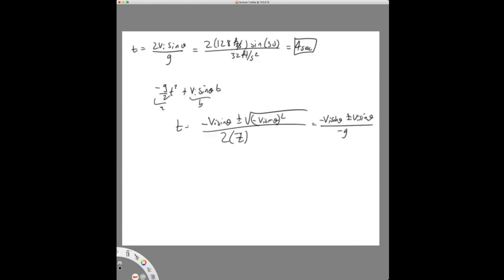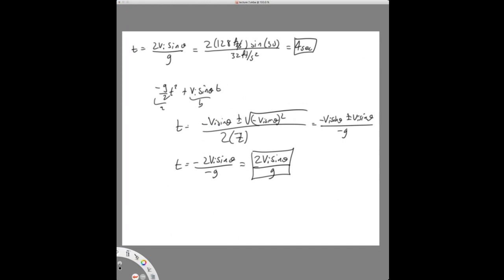If I pick the minus sign, this thing just doubles, and I get minus 2 v initial sine of theta over minus g, which is the same as what we had here, 2 v_i sine of theta over g. So absolutely, you'll get the same thing either way. Okay, thank you. Sure.